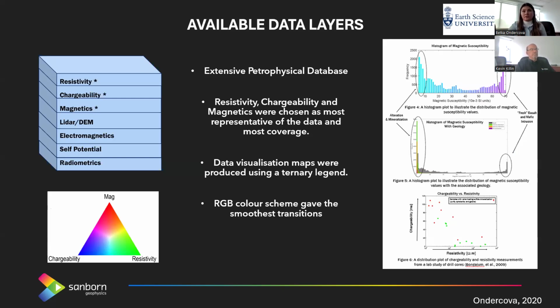This petrophysics rulebook was created because we had an extensive petrophysical database developed from the drill core of the exploration that was done in the past. There were several borehole geophysics data and lab studies, and this information allowed us to verify the conclusions that we drew from the geophysical surface maps.